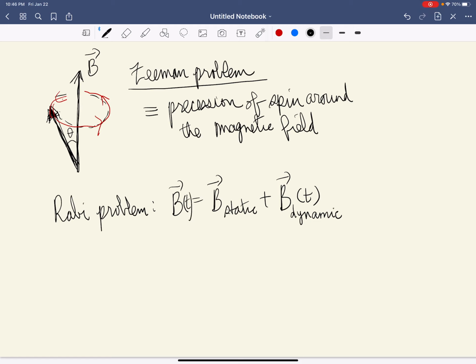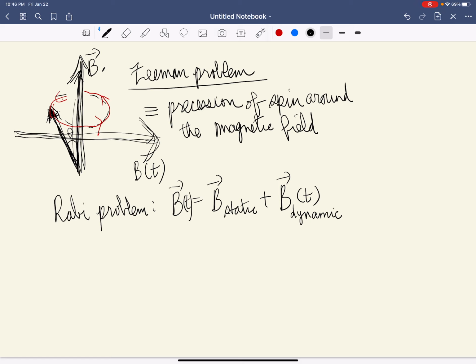So the Rabi problem concerns the case where you have both a static magnetic field plus some magnetic field which is being applied in the perpendicular direction to the static magnetic field, and this perpendicular magnetic field has an explicit time dependence.